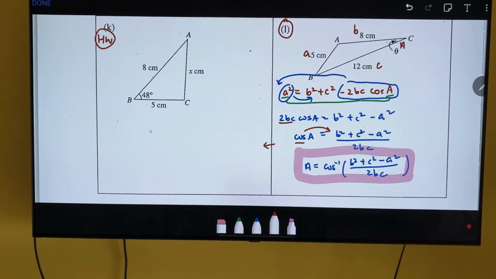So that will be theta equals cosine inverse of 8 squared plus 12 squared minus 5 squared, out of 2 times 8 times 12. Let's put all of these into our calculator.